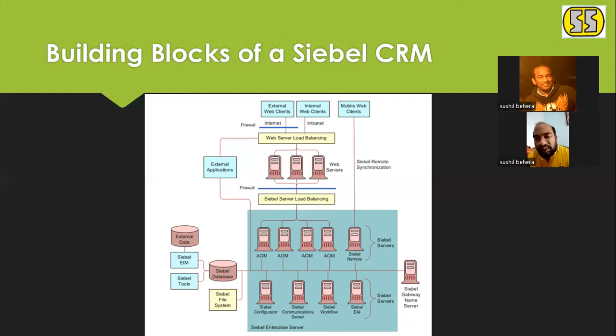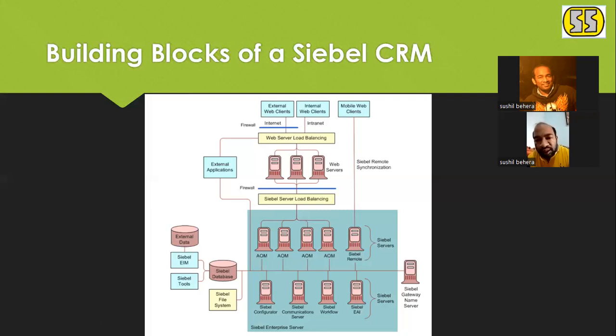They will keep all those IPs, and there will be an extra layer of security that we call a firewall. In the firewall, they can maintain that only these 600 IPs are allowed to connect to the Siebel application from the internet.